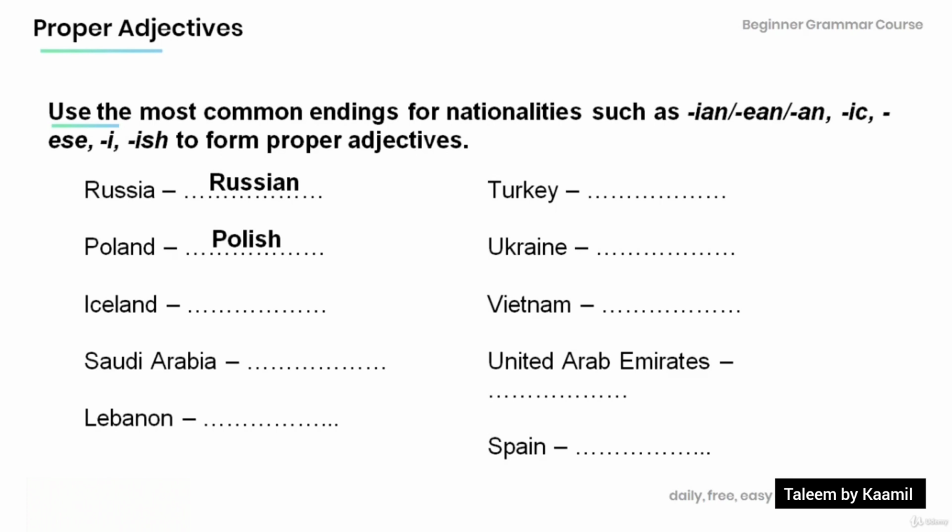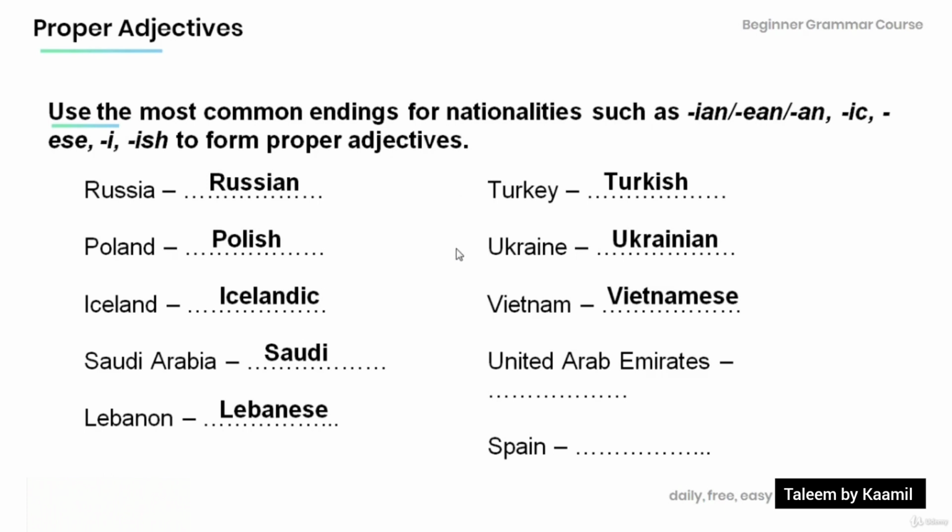Iceland, Icelandic. Saudi Arabia, Saudi. Lebanon, Lebanese. Turkey, Turkish. Ukraine, Ukrainian. Vietnam, Vietnamese. United Arab Emirates, Emirati. Spain, Hispanic.